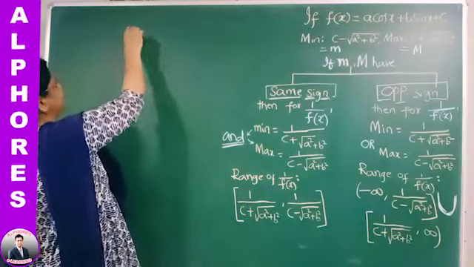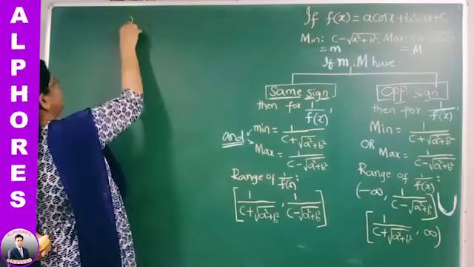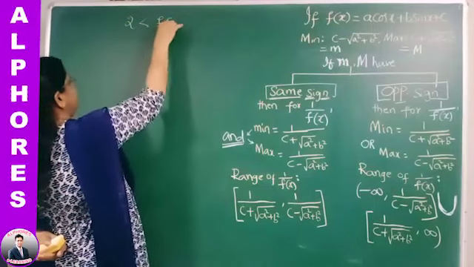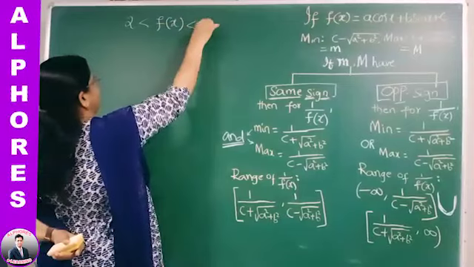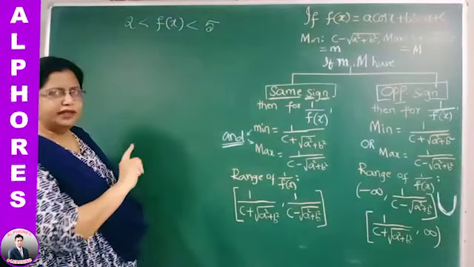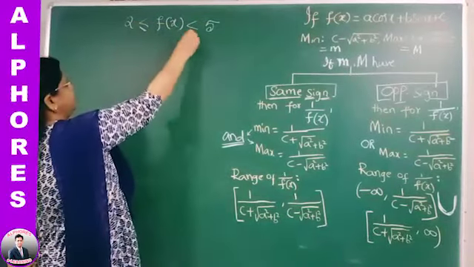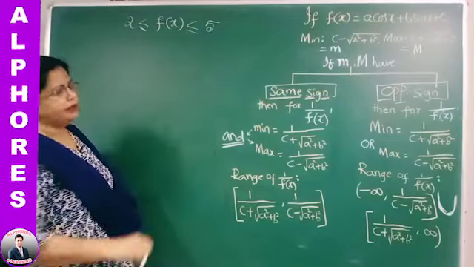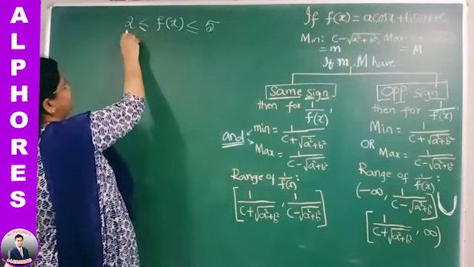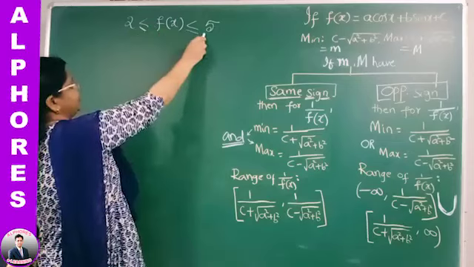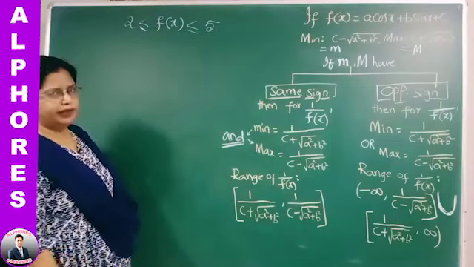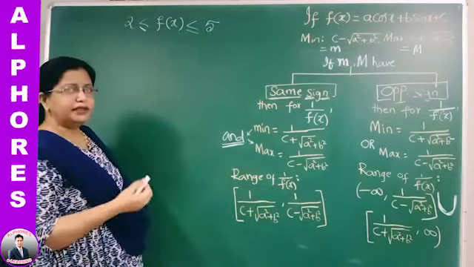Suppose I take 2 less than or equal to f of x less than or equal to 5, and both have the same sign. That means the least value of f of x is 2 and the greatest value is 5. Now I want to take the reciprocal.